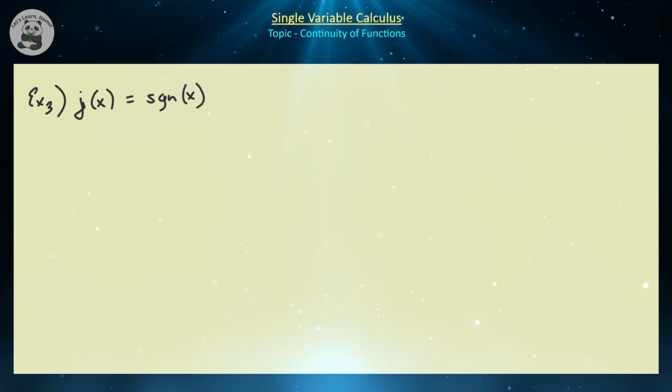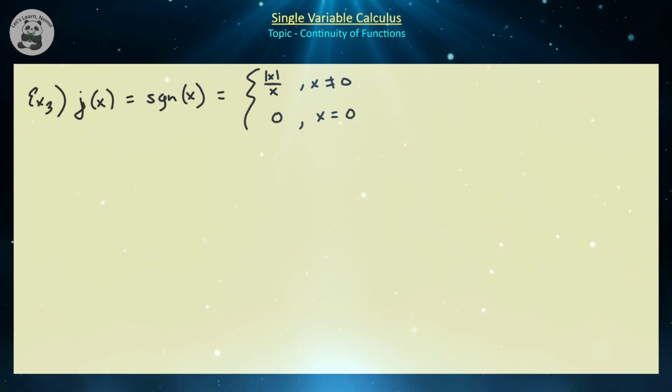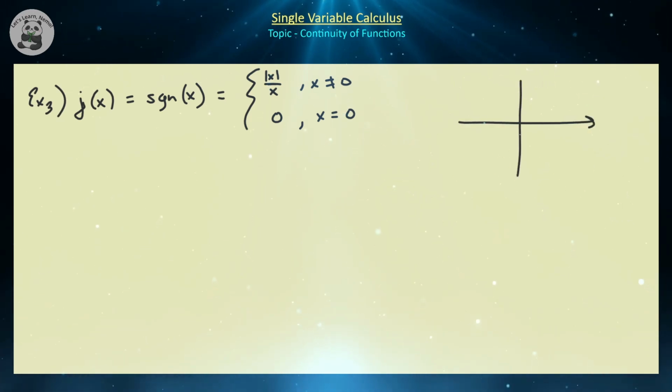For our next example, let's consider the sign function, sgn of x. If you do not know this function, it may also be written in an equivalent way as the absolute value of x over x for x not equal to 0, because you again cannot divide by 0, and it's defined to be equal to 0 for x equal to 0. You should be able to generate the graph of this function on your own.